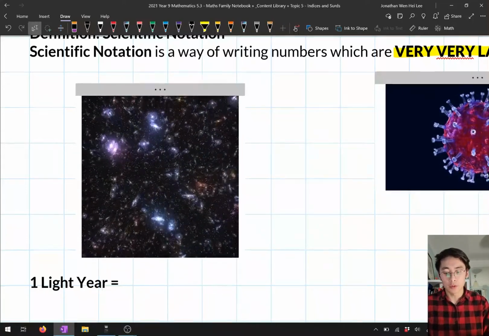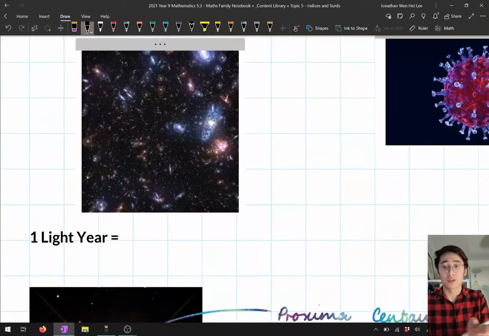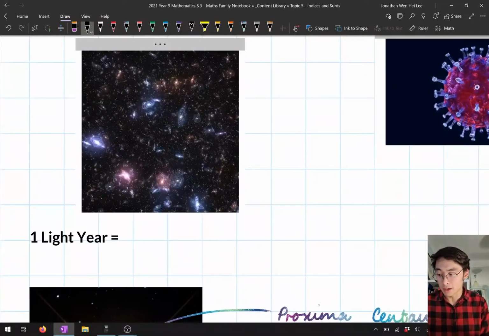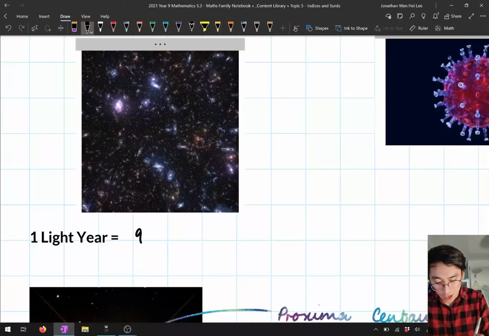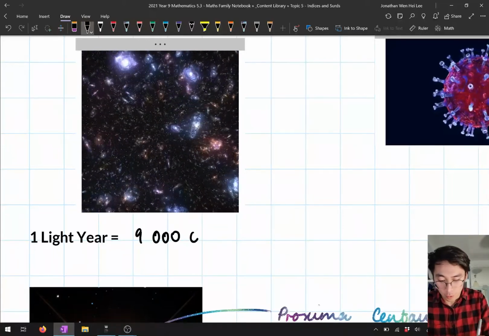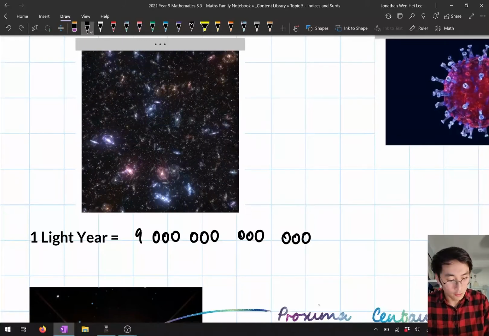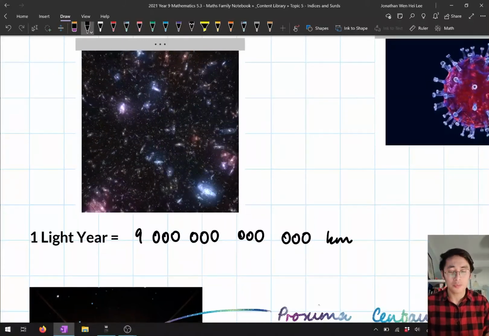One light year is a set amount, and it happens to be 9,460,000,000,000 kilometers.